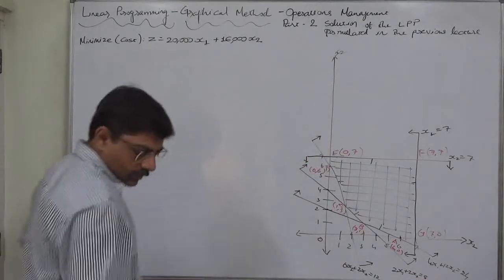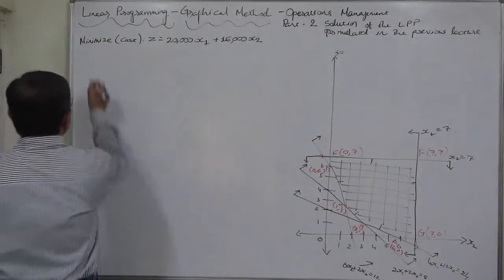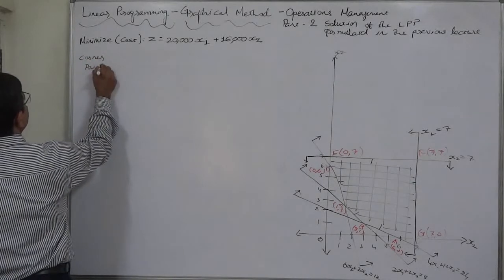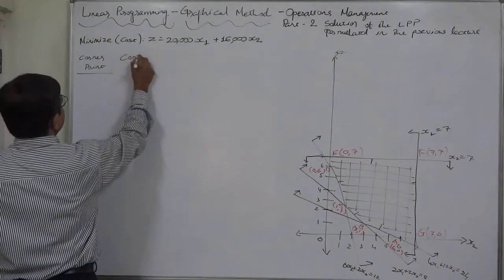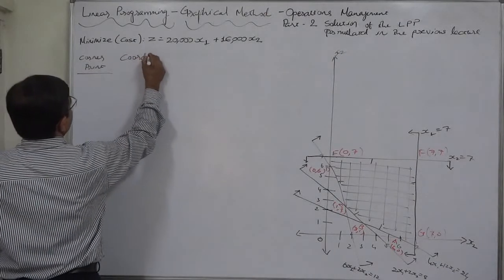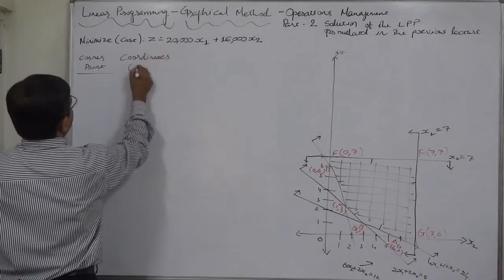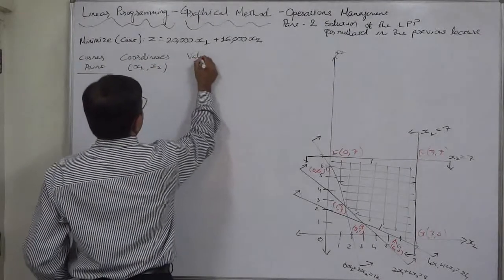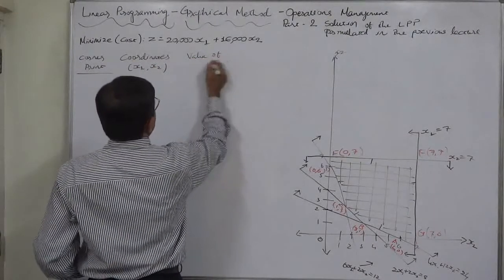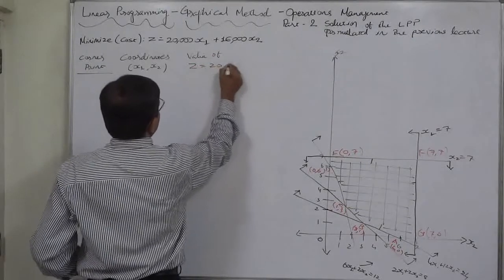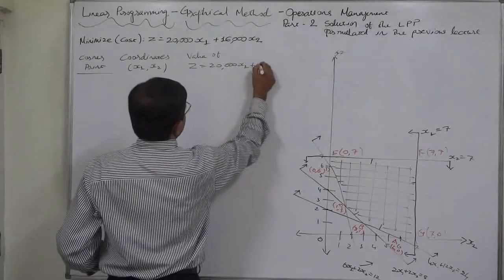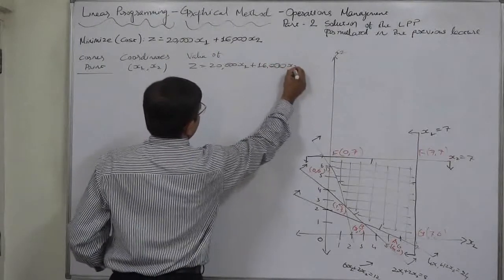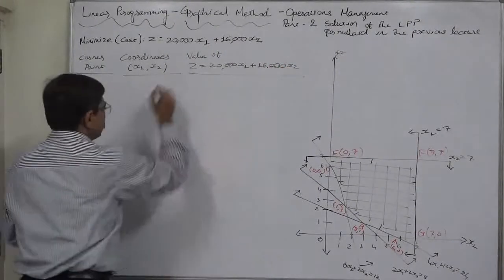Okay, corner points, there are 7. Coordinates of the corner points and value of z equals 20,000 x1 + 16,000 x2. Okay.